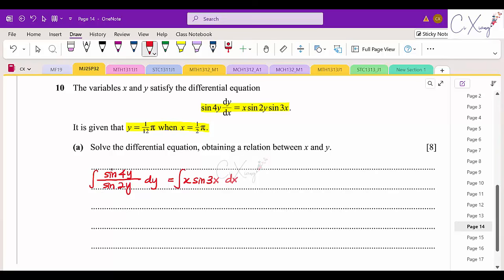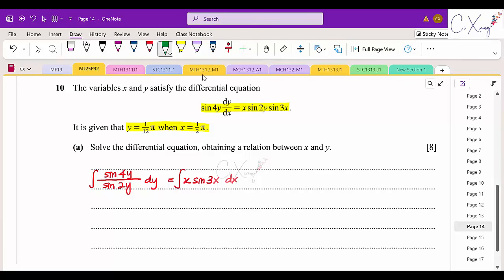For the left hand side, sine 4y divided by sine 2y, you cannot simply simplify the angle directly. You have to do something so that you can make it into a pattern that you can integrate directly. Sine 4y and sine 2y are basically double angles of each other.